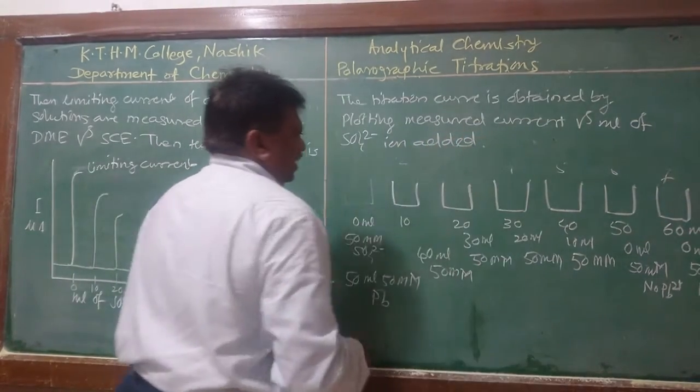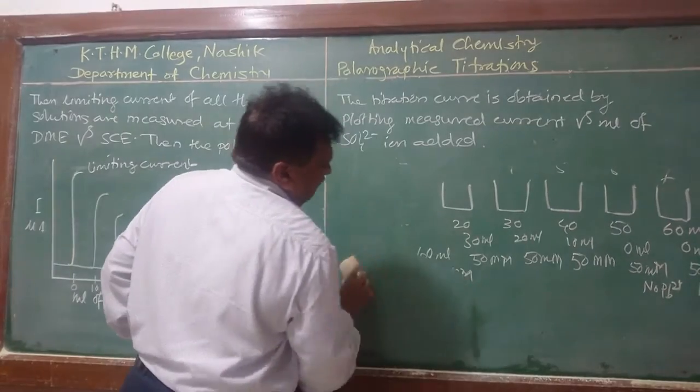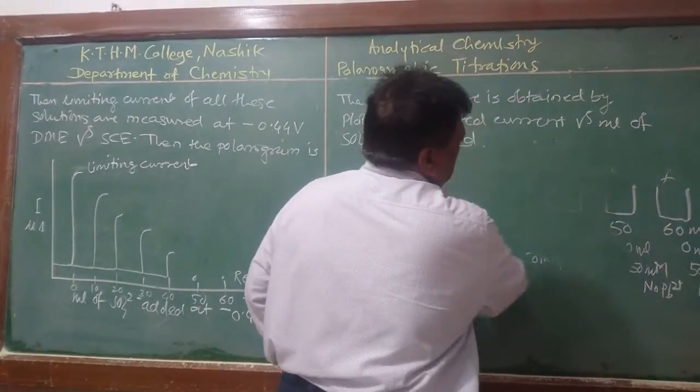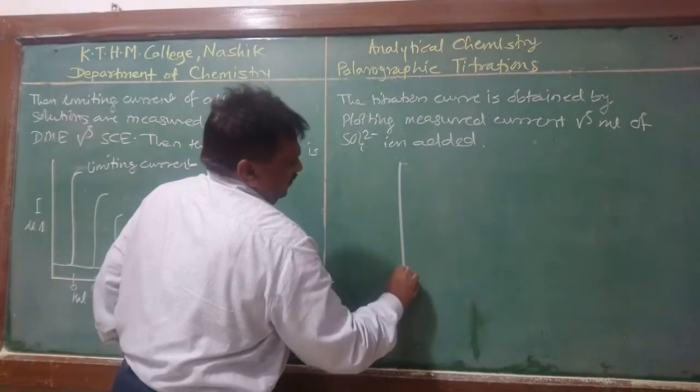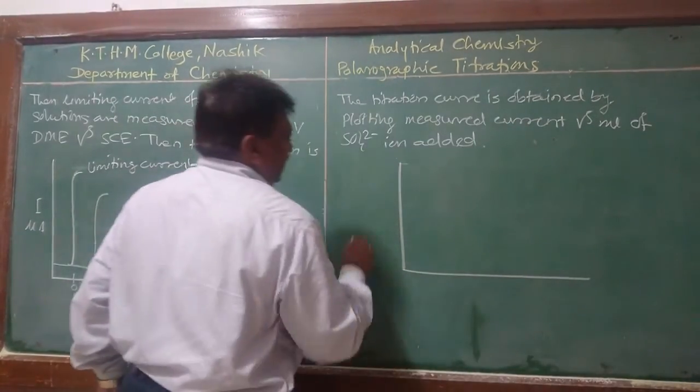Then we have a titration curve, and that titration curve consists of a decrease in current as a function of ml of titrant added.